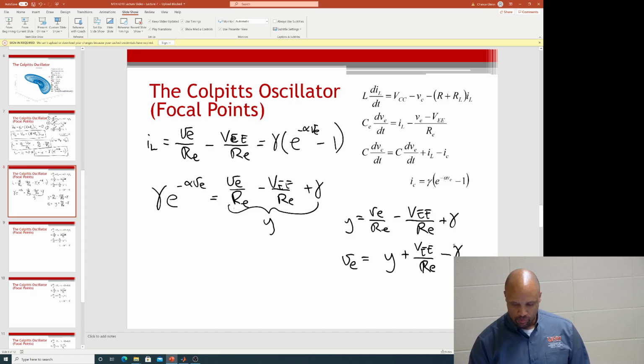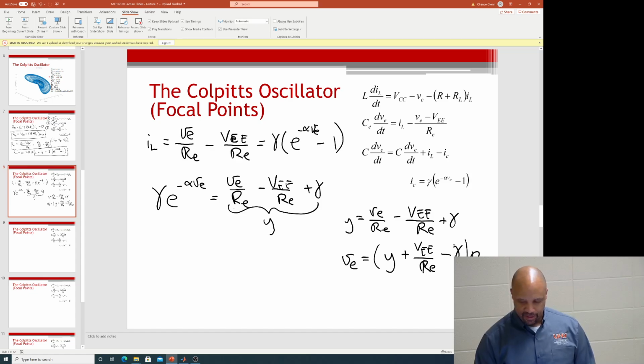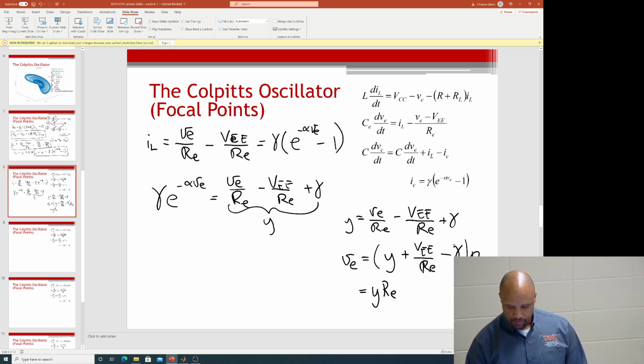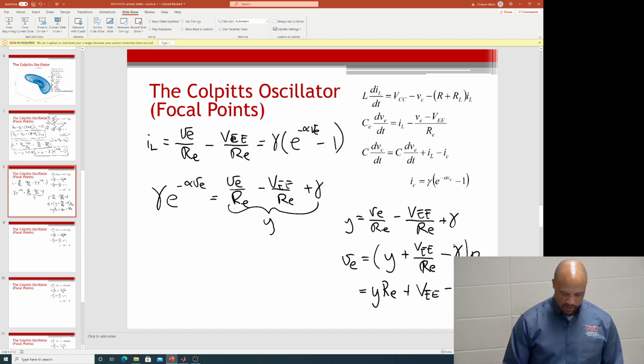And then after we moved all that, we're going to multiply by RE. And now we've isolated V sub E. Okay, and if we just want to clean it up a little bit, that's y times RE plus VEE, because the R's canceled there, minus gamma times RE. Okay, so those are those things.